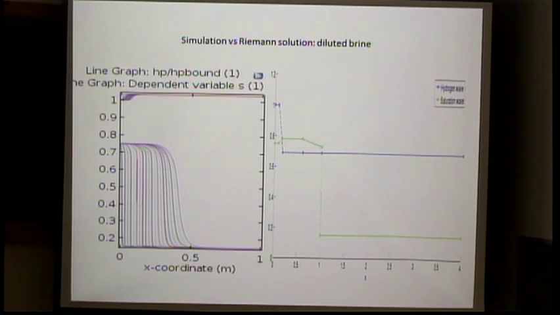Well, let me show you another simulation. So this is a set of curves of saturation waves for different times, and here is the calculation based on the wave curve method. You see that this green part is invisible here.